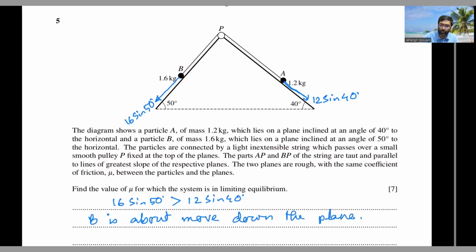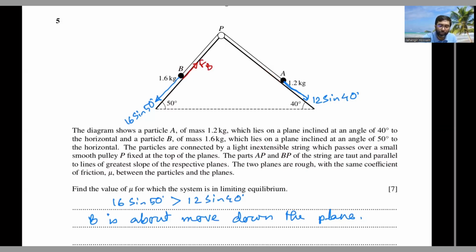It is important to determine the direction of intended motion, because only then can we figure out the direction of friction. So for B, friction will be up the plane, and for A, friction will be down the plane.